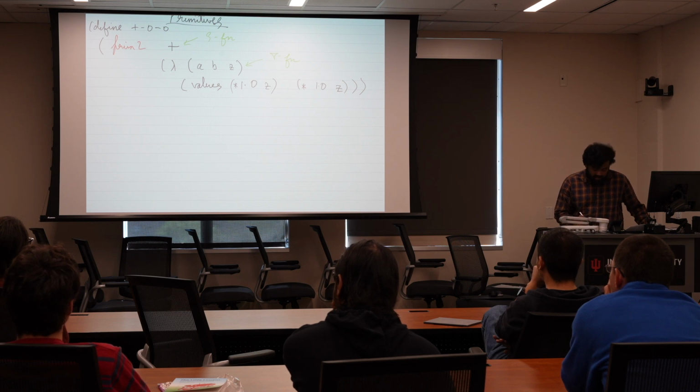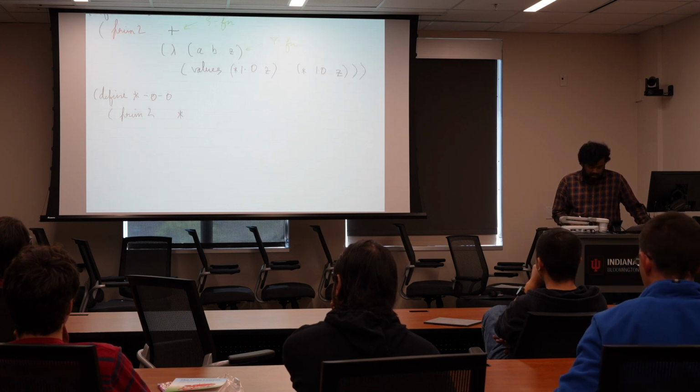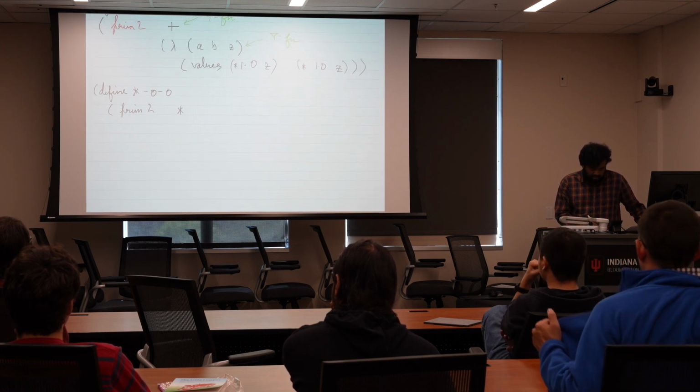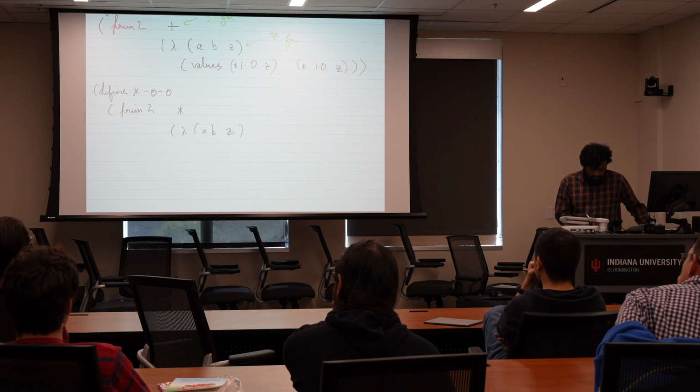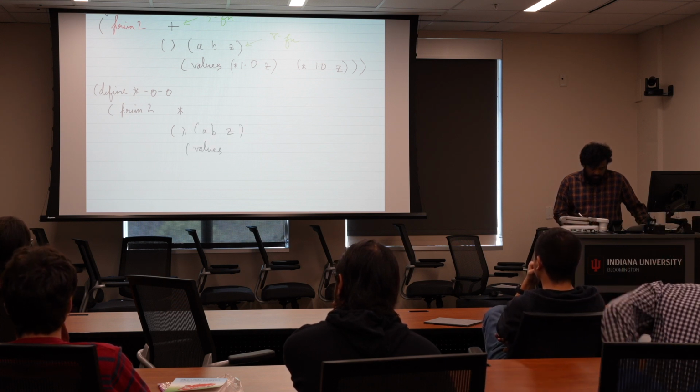Similarly, creating the times primitive is also not that different. We call prim2. The row function will be the Racket times function, and the nabla function will be this.